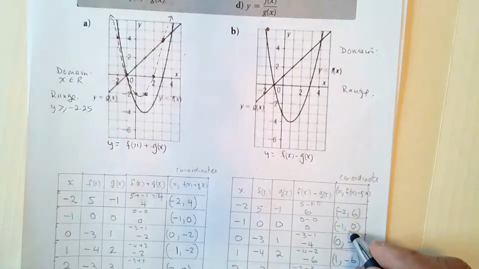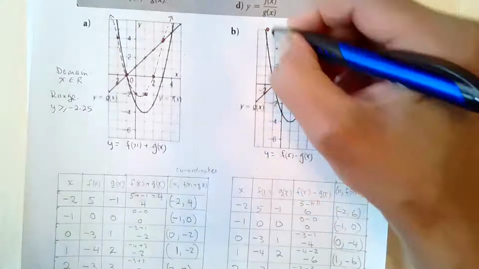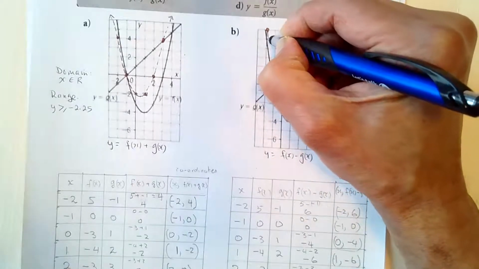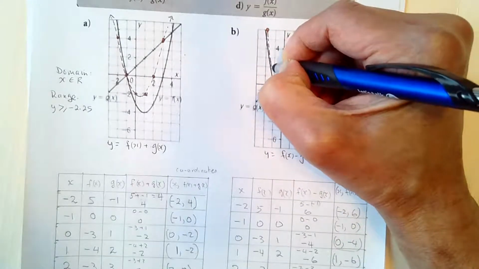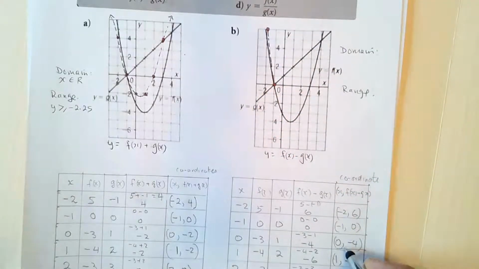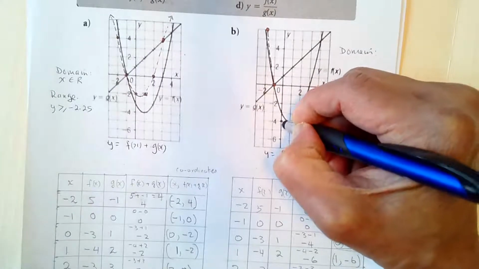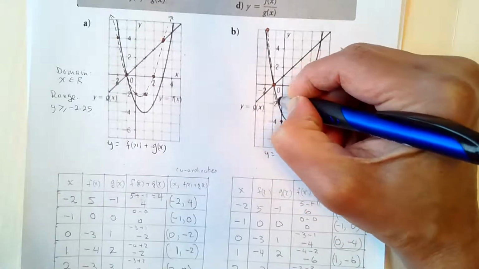Then -1, 0. So basically I'm connecting these points here. Next point is 0 and -4. So 0, -4 is here. Continue.